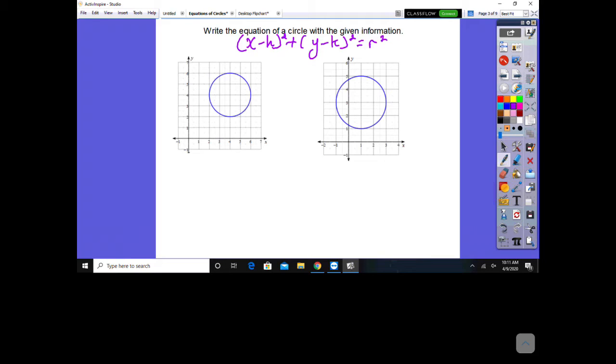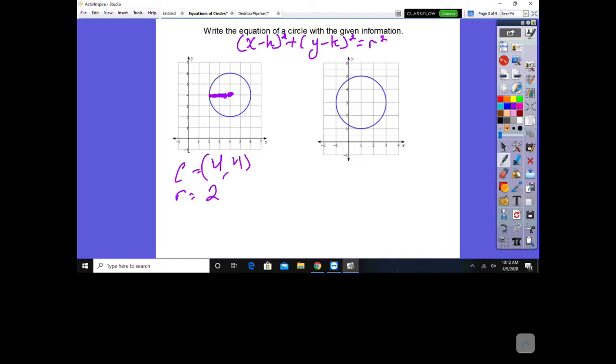Looking at this first one, the center of the circle is right there. So the center is at 4, 4, it looks like. The radius, that distance right there, is 2, from 2 to 4.